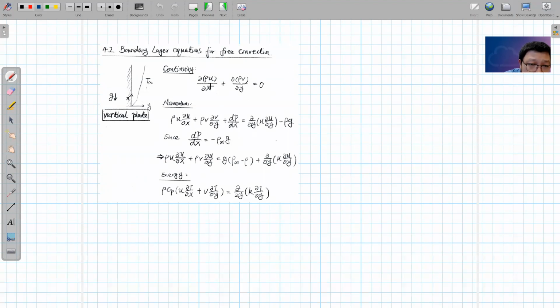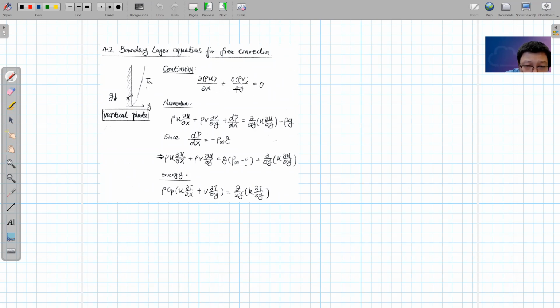The governing equation is very close to the forced convective laminar boundary layer problem we saw before, except a few terms are different.